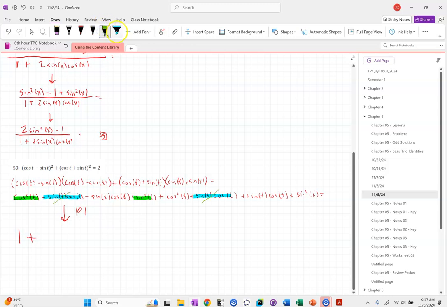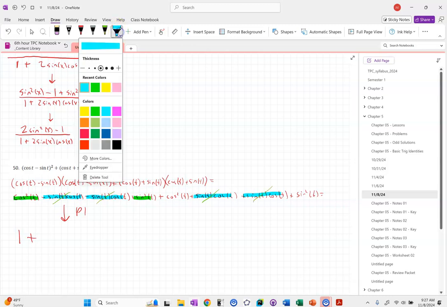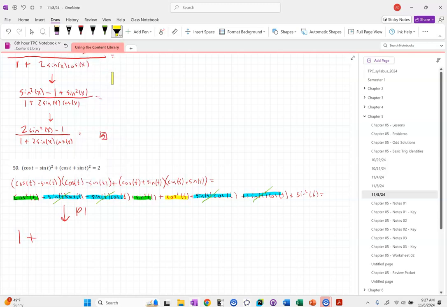Those can just cancel. I see a negative sine times cosine and another positive sine times cosine. Well, those just add to give me 0. And then I see a cosine squared plus sine squared. Well, that's 1 also. And there's my 2.